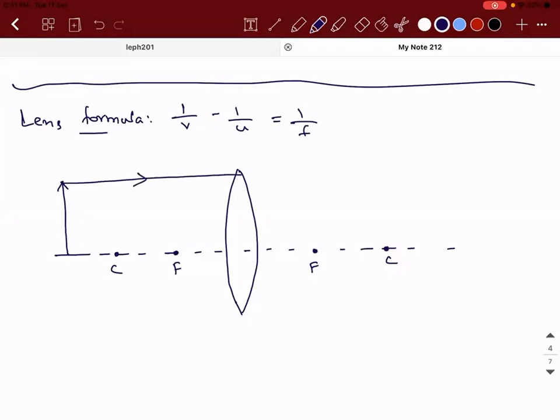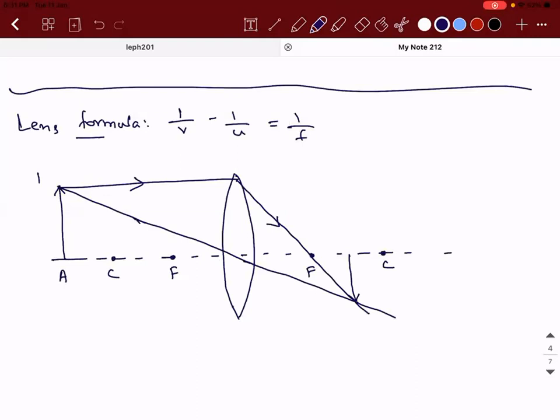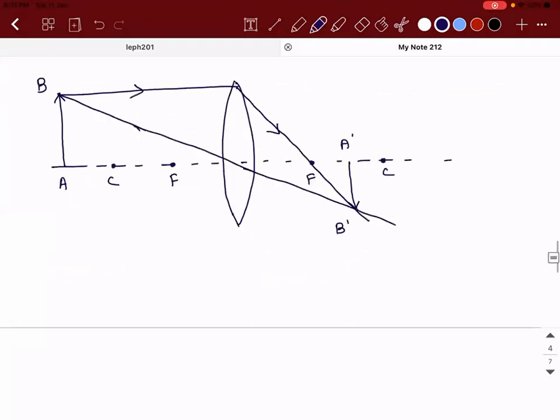It will pass through the focus. Similarly, if you take a ray through the optical center, it is going to pass undeviated. When this is the scenario, the image will be formed between the center of curvature and the focus. So if this is AB, this is going to be A dash B dash.